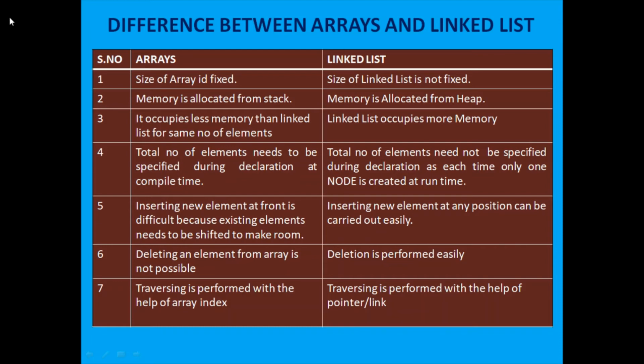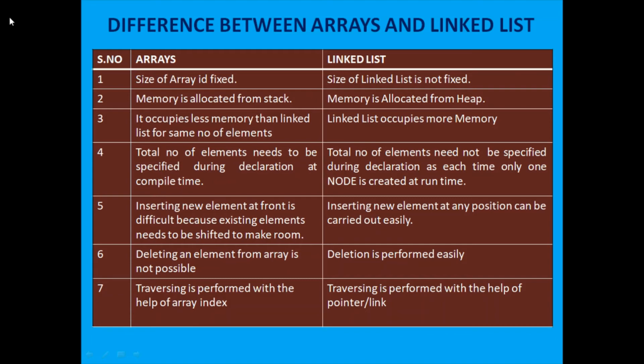In the linked list, the size is not fixed because every time we will be inserting one node at one time. As one node is created, memory is allocated to one particular node. So how many nodes are required? Only that many nodes are created. So because of which the size is not fixed. The size goes on increasing depending upon the requirement.